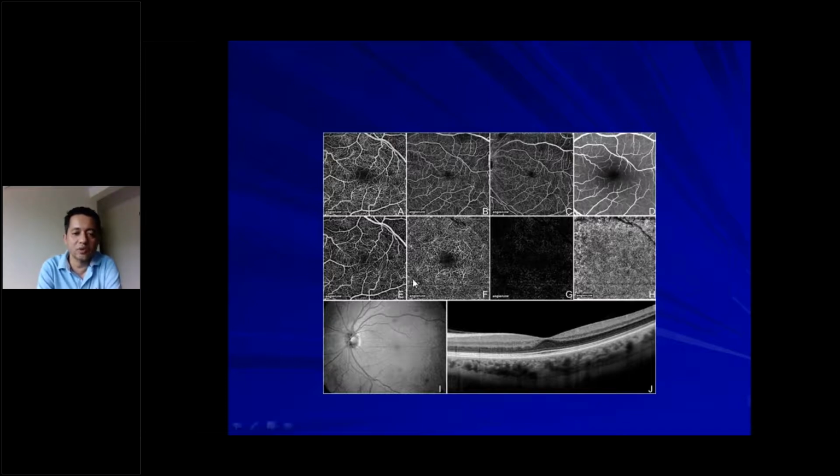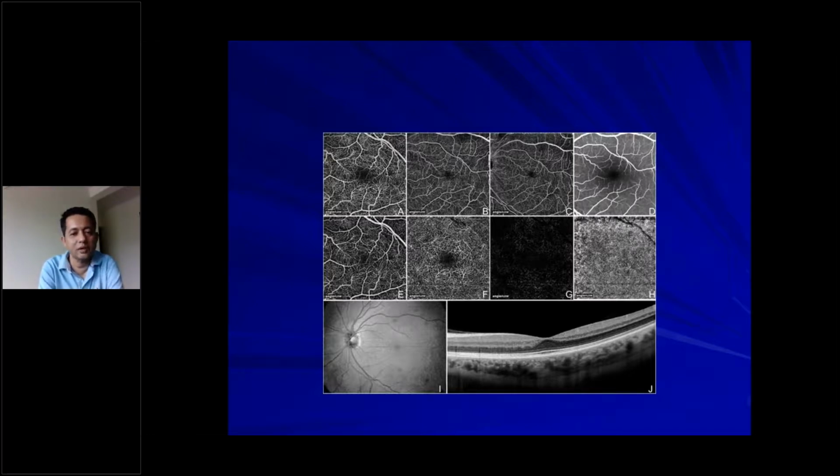So you can see in this patient, it shows the different levels of the capillary beds, the superficial and deeper layers. This is where the photoreceptors are, and the choroidal vessels. So the OCT angiogram is very exciting for us when we're treating patients with wet AMD, because with FFA you can't keep on doing multiple angiograms because it's an invasive procedure.